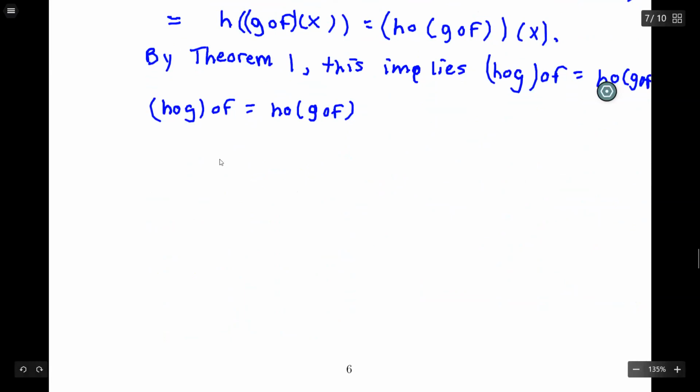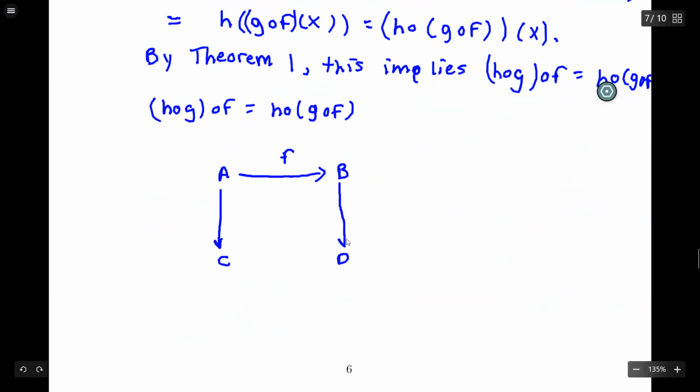We could have a little pictorial here just kind of showing what's going on. If I were to draw these sets out, A mapping to B is defined to be F in the theorem.